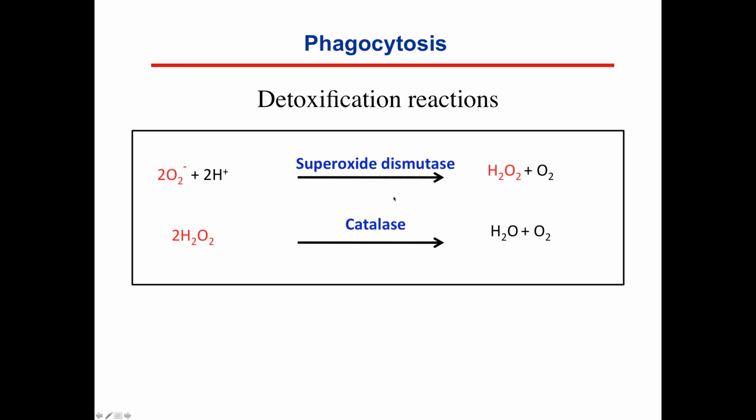Both of these reactions are extremely fast, and hydrogen peroxide in the cytoplasm is removed, and so this will protect the macrophage against destruction of its own proteins, lipids, and membranes.